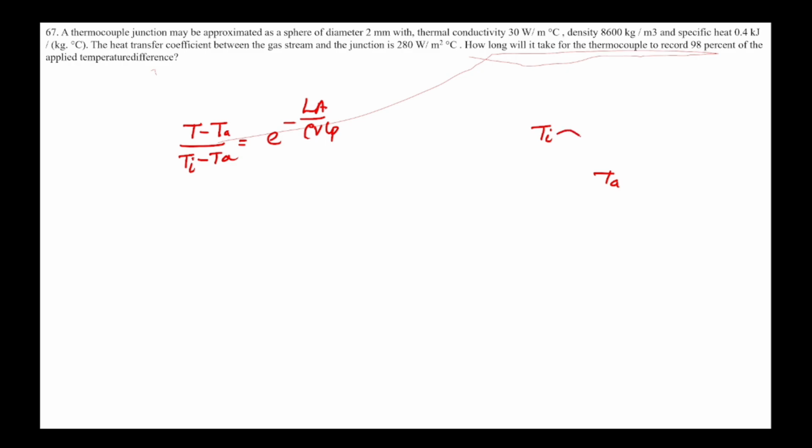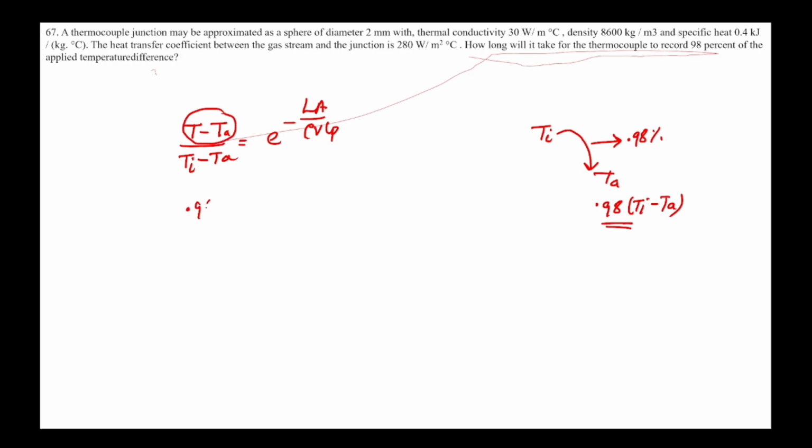So while putting the sphere in atmospheric temperature, from initial temperature, how much time will it take to reach 98% of the applied temperature difference? That means 0.98 of the (Ti minus Ta). This is the value of this T minus Ta.